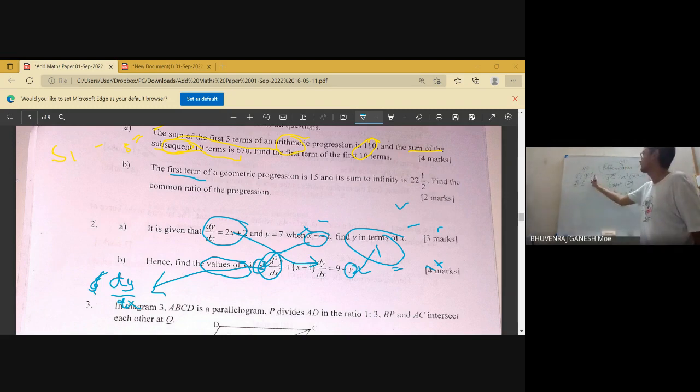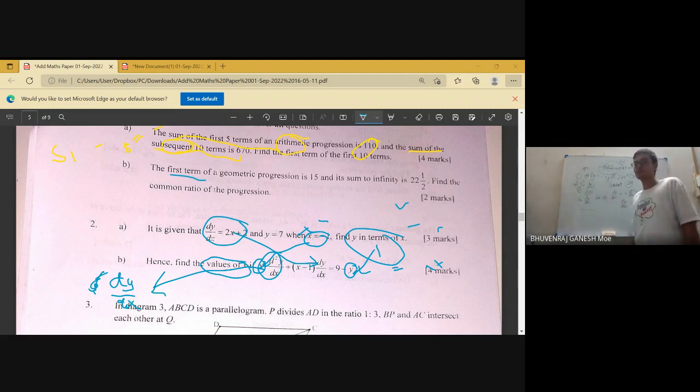When you get a delta y equation, you divide the whole thing by delta x. This is the second step. First step, eliminate, then over delta x, and then finally, you must add the limit of dy over dx, where delta x goes to 0. And then you will get your final answer.